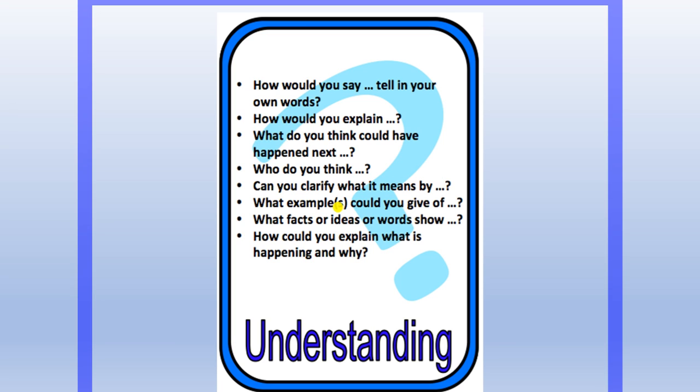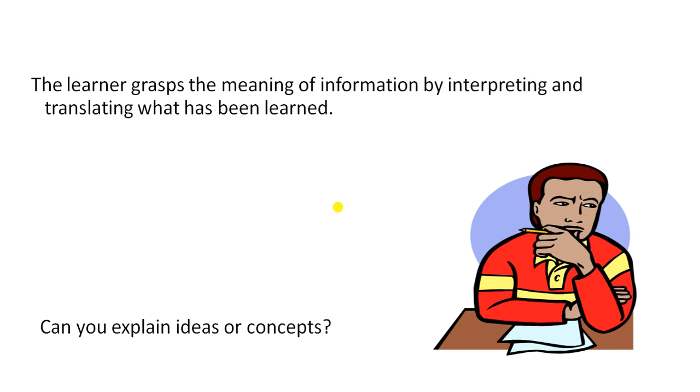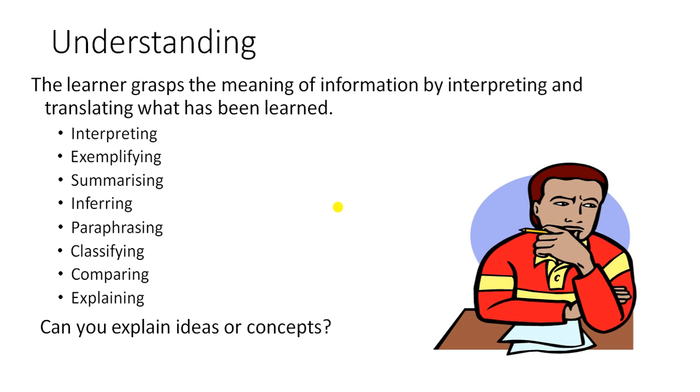What facts or ideas or words show? How could you explain what is happening and why? So these are some questions which we can ask. Now see how understanding exactly helps students. In this, the learner will grab the meaning of information by interpreting and translating what has been learned.